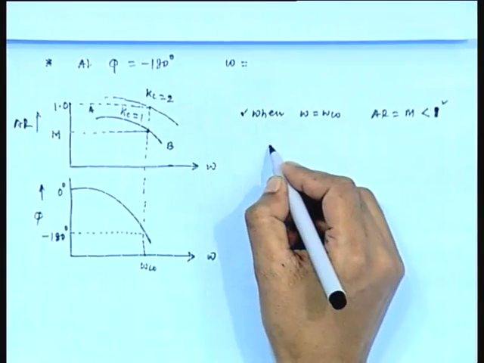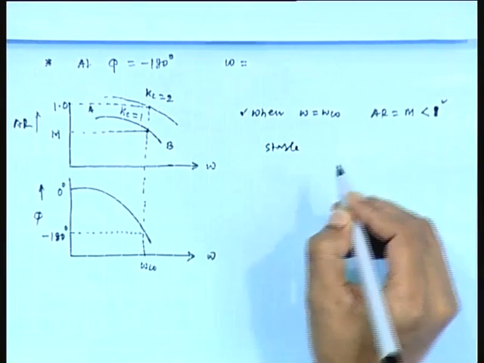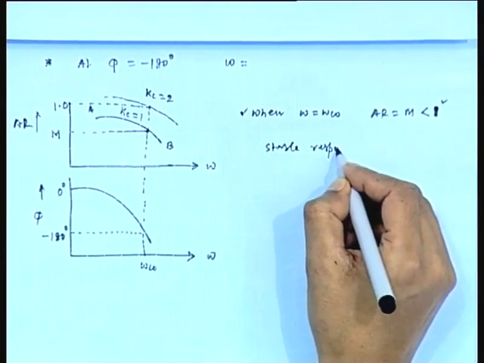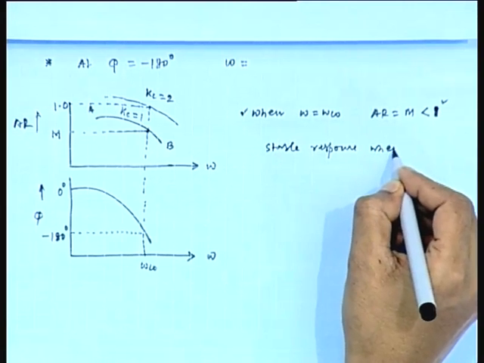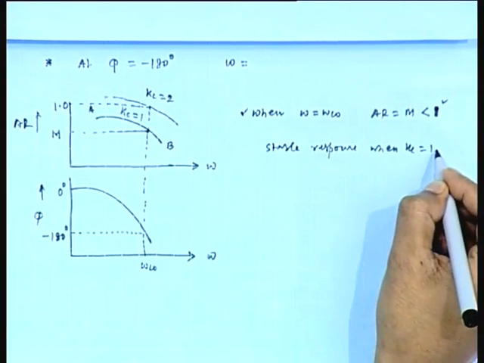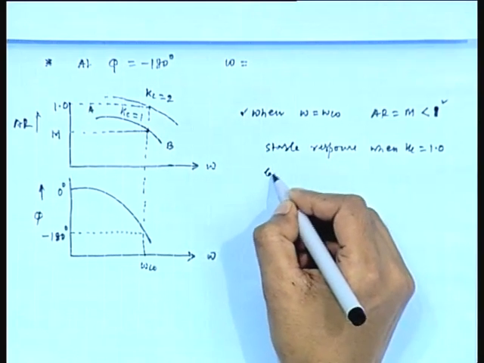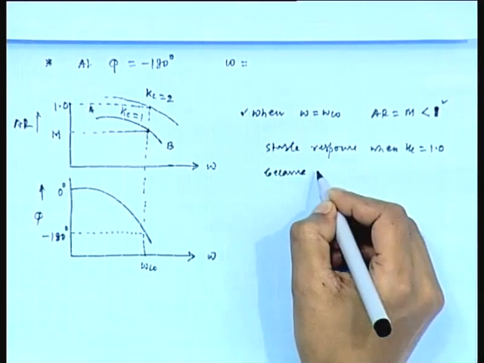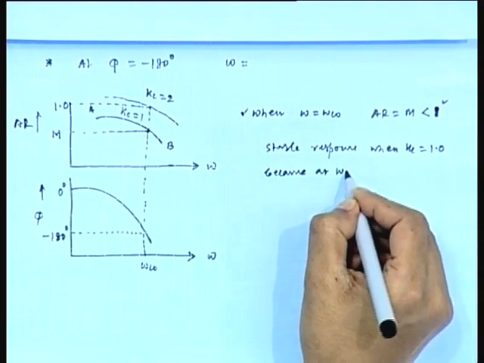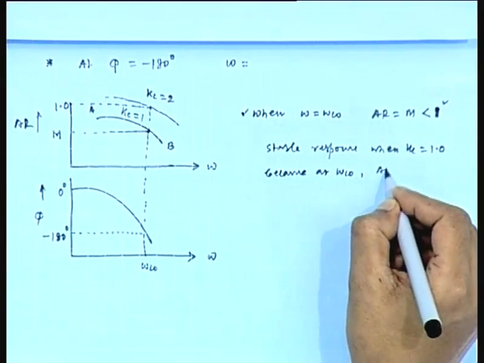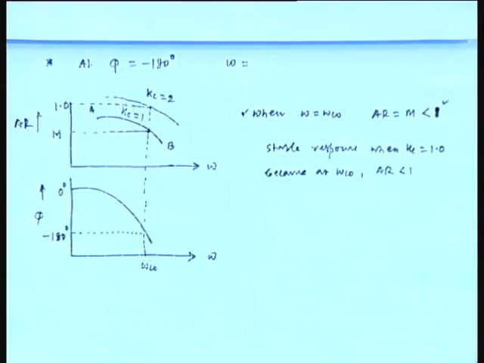So, we can say that the response is stable response when Kc equal to 1, because at crossover frequency amplitude ratio is less than 1.